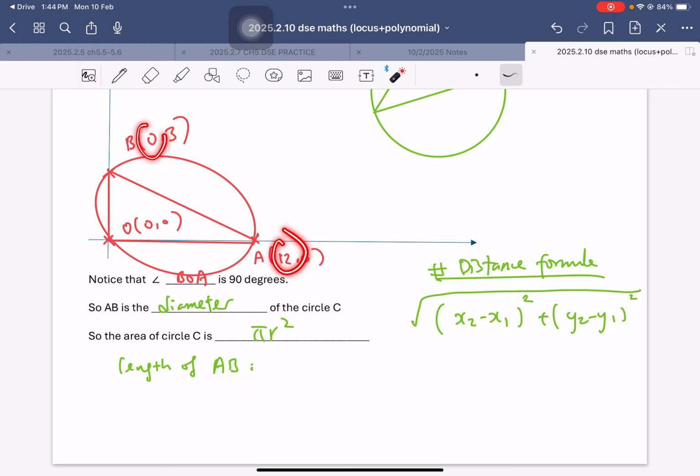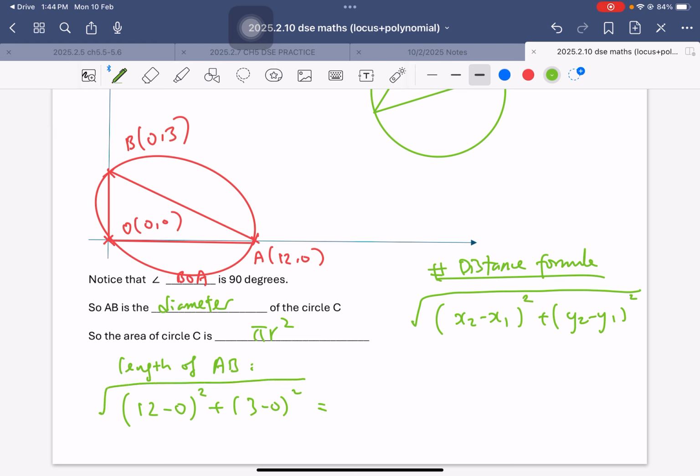x1 minus x2 plus x2 minus x1. So we have 12 minus 0 squared plus 3 minus 0 squared, and take the square root. This is going to give you, what's the answer for this one? 153.